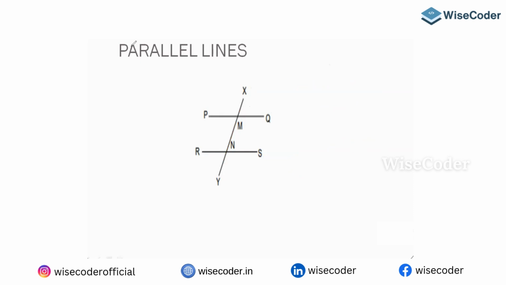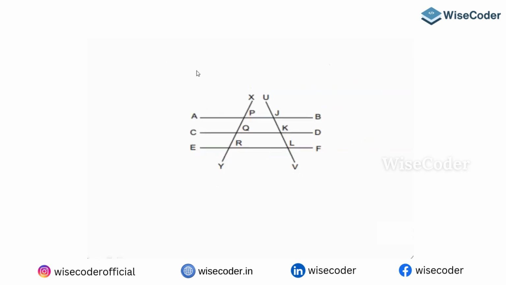Now let's understand the ratio of intercepts. What I mean by this is, if 3 or more parallel lines make intercepts on a transversal, intercept is nothing but something that interrupts what you are doing.